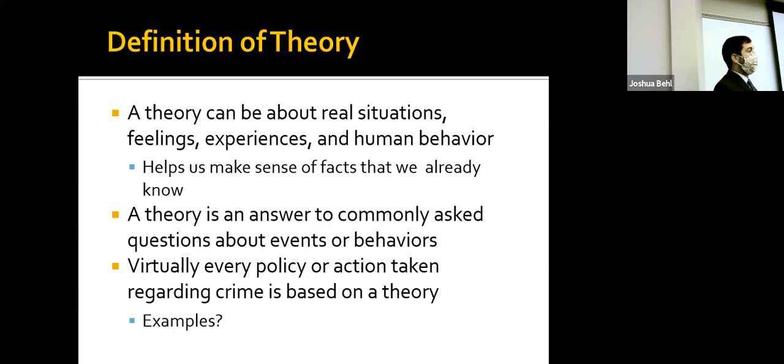Even if that is not necessarily true in terms of total crime, you could at least make the argument that different types of crimes are committed by different socioeconomic classes. And you can test that theory empirically. And so a theory is an answer to commonly asked questions about events or behaviors. And we've already talked on the first day about how every policy or action taken regarding crime is based on some sort of theory, right?